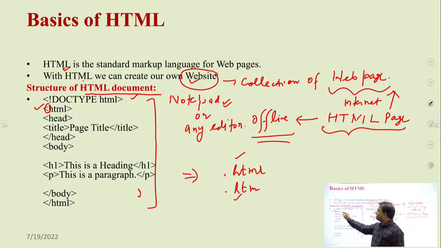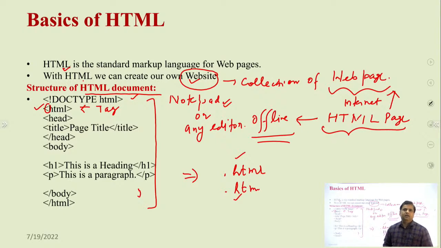This is known as a tag. Once we understand HTML, we should learn that HTML is a language written in the form of tags, right? Tags means that it is written between angular brackets, right. Then each HTML program has two parts.